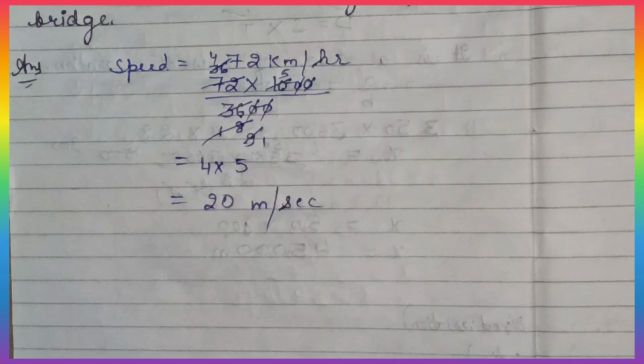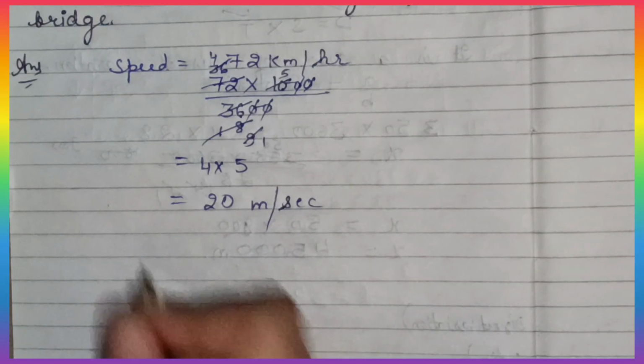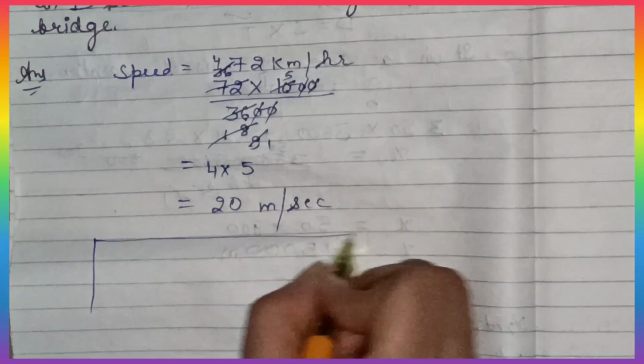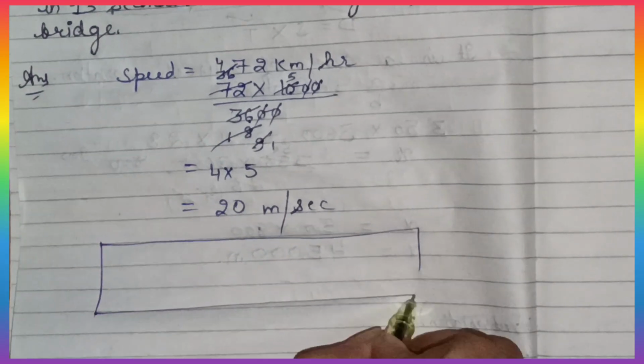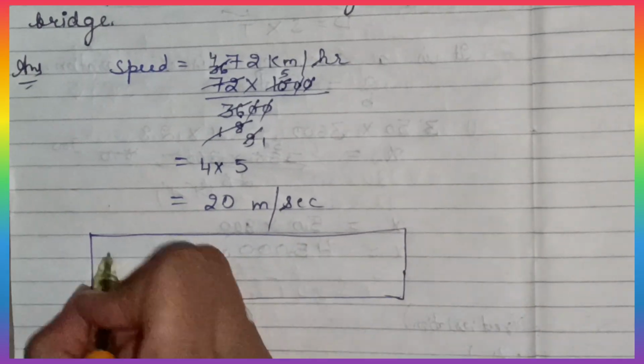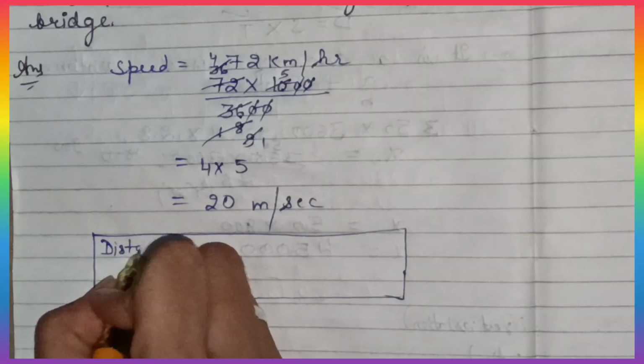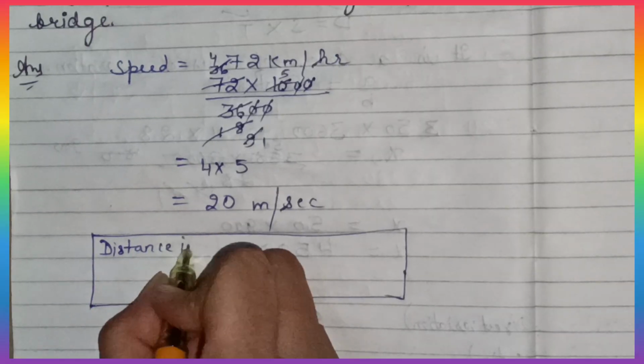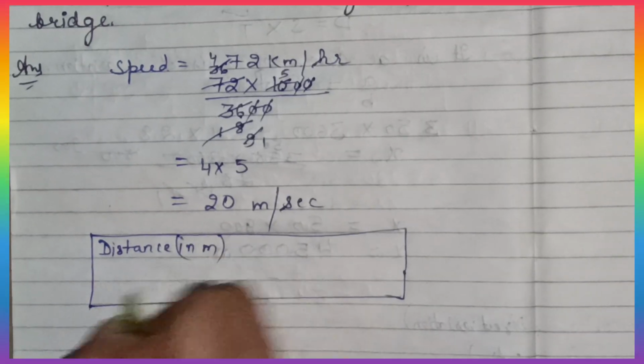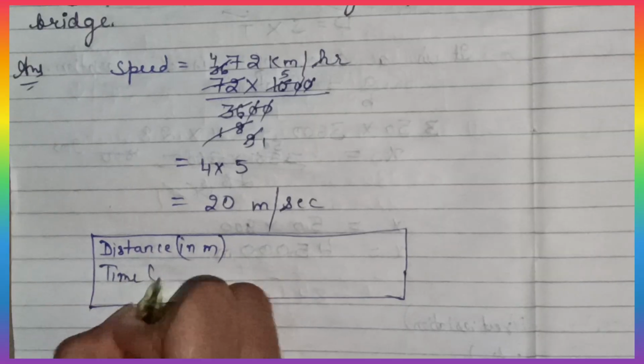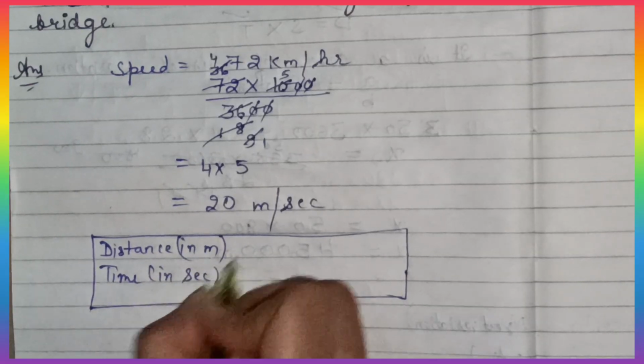So the distance covered by the train is 20 meter in 1 second. First I make a table. I write here distance in meter and time in second.